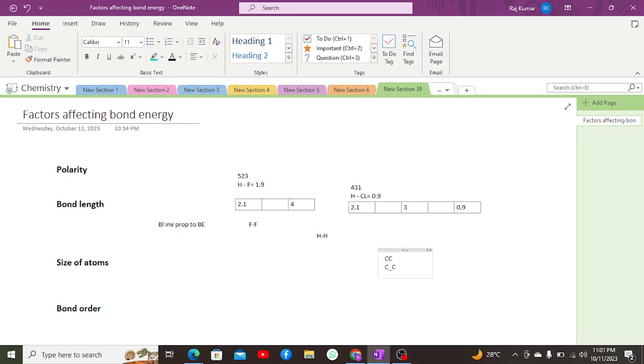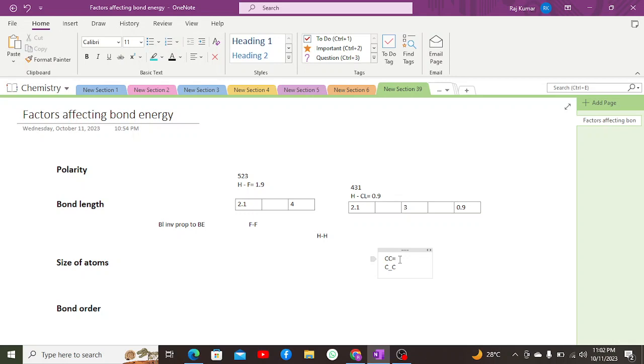We know that whenever the bond order is increased, multiple bonds are formed and the forces of attraction increase. As the forces of attraction increase, the bond length decreases. As the bond length decreases, the bond energy increases.